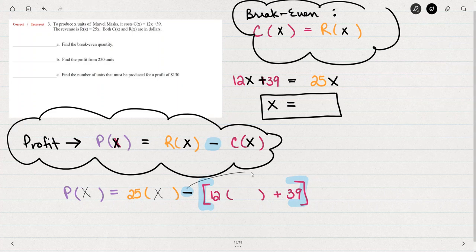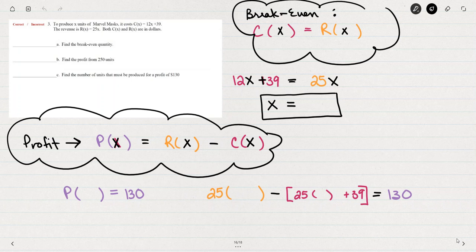So minus the $39 fixed cost and minus 12x, 12 times the number of surfboards sold. Now let me assure you that, oh, these are marble masks, I'm sorry. A marble mask, yeah, maybe the fixed cost could be $39 because maybe there's not a huge investment made to be able to get this.